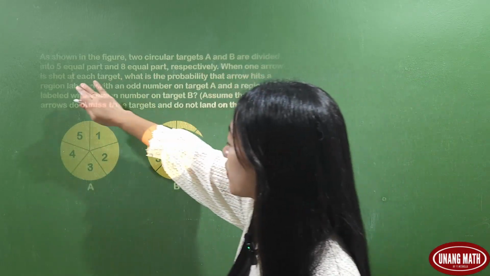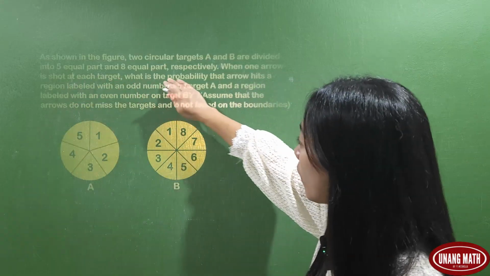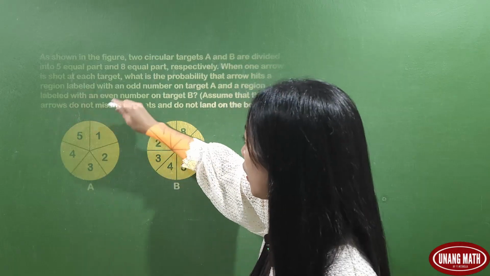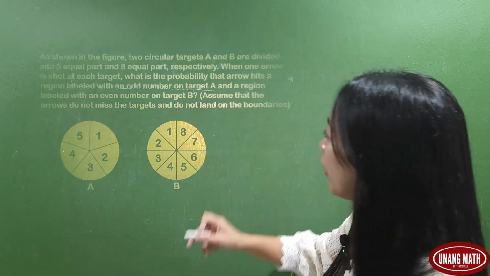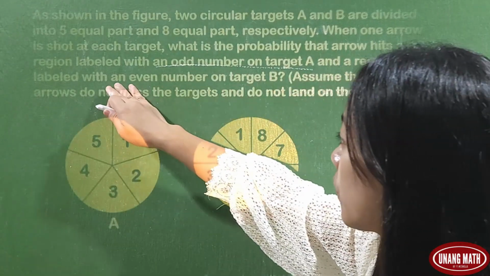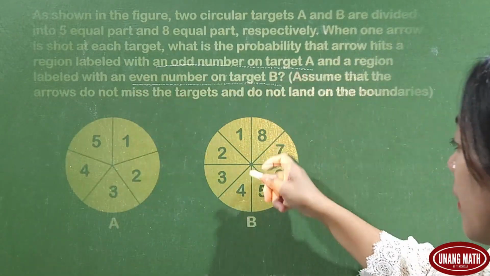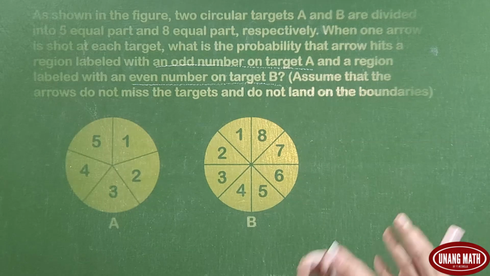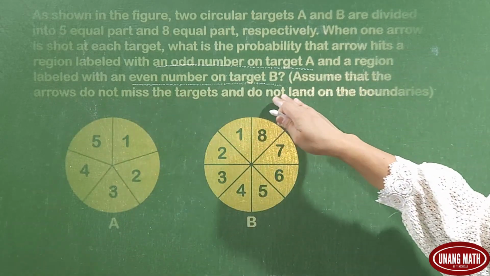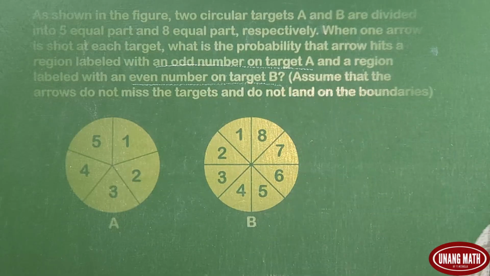When one arrow is shot at each target, what is the probability that the arrow hits the region labeled with an odd number on target A and a region labeled with an even number on target B? We will assume that the arrows do not miss the targets and do not land on the boundaries.